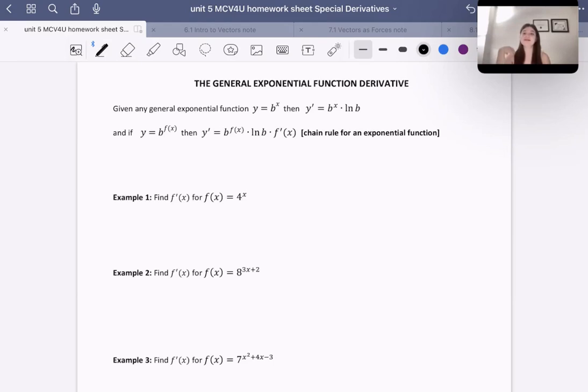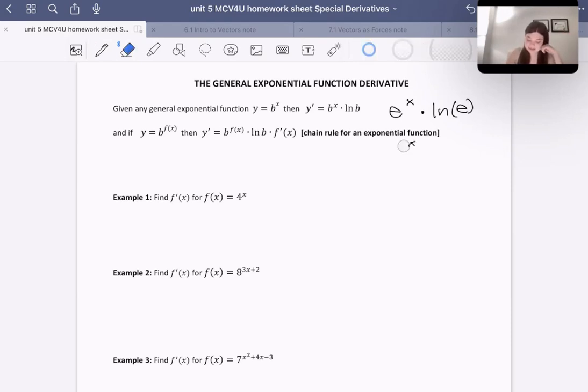Now this is different from e to the x, because e is a fixed value. E is a specific exponential function. If we apply this rule to e to the power of x, we get e to the power of x times ln e, which is just 1. Ln e is just 1, so we get e to the power of x.